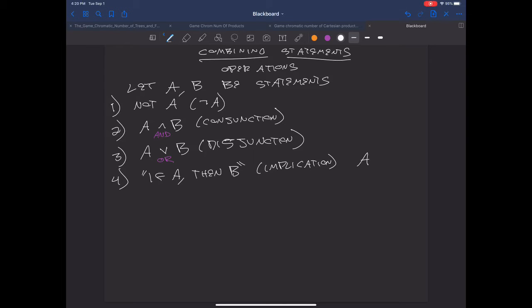Symbolically, we write this as A double arrow B. All right, so this right here is a new statement. All right, and this is true if both A and B are true, or if A is false.